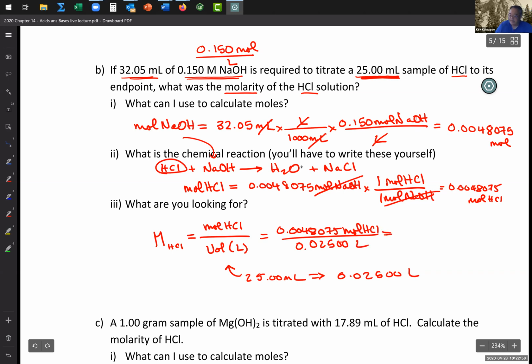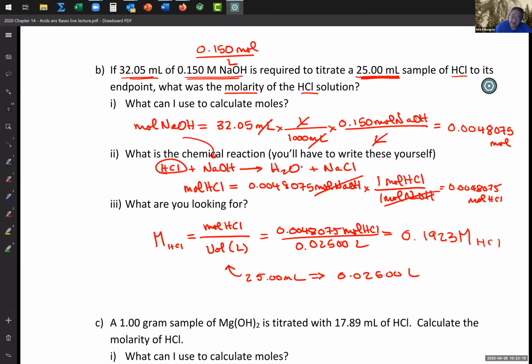And we just do that math. So I'm going to divide 0.0048 by 0.025, and I get 0.1923, and the units are molarity, they're moles per liter of HCl. So did you follow along with that okay?